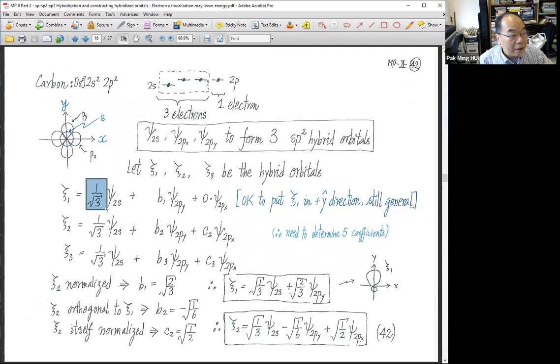First of all, key idea, S is non-directional. There's no direction for it. And at the end, we are going to form 3 sp2 hybridized orbitals.